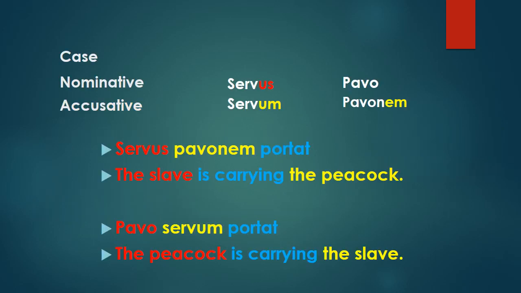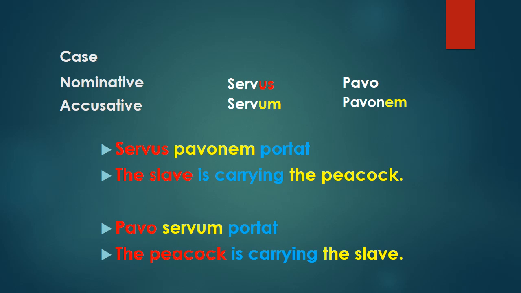But let's observe something more closely. Servus is in the nominative case in the first sentence, and pavo is in the nominative case in the second sentence, as aforementioned. But let's look at the endings. Servus has a us ending in the nominative case. Pavo doesn't. And then let's look at the accusative case.